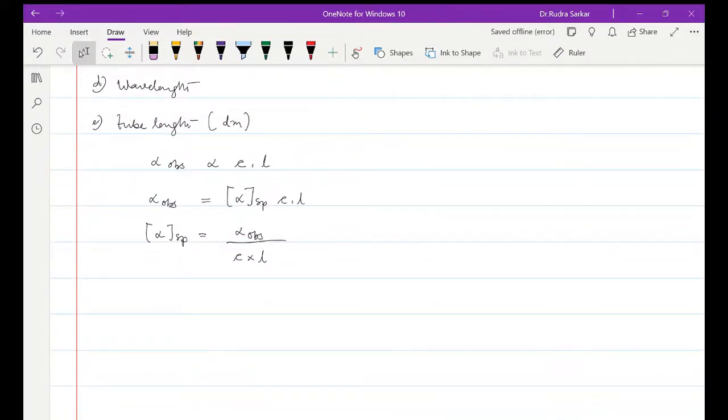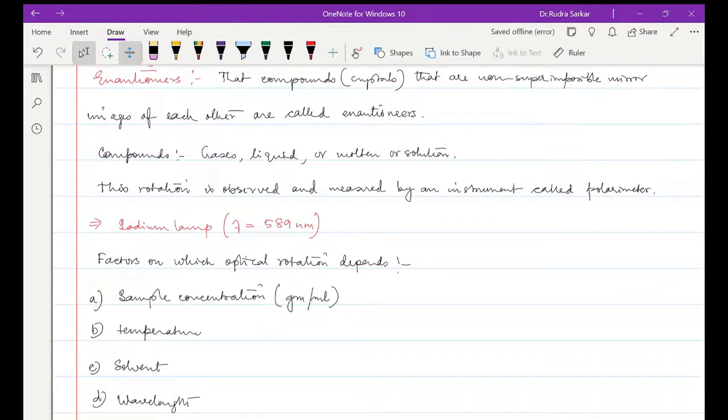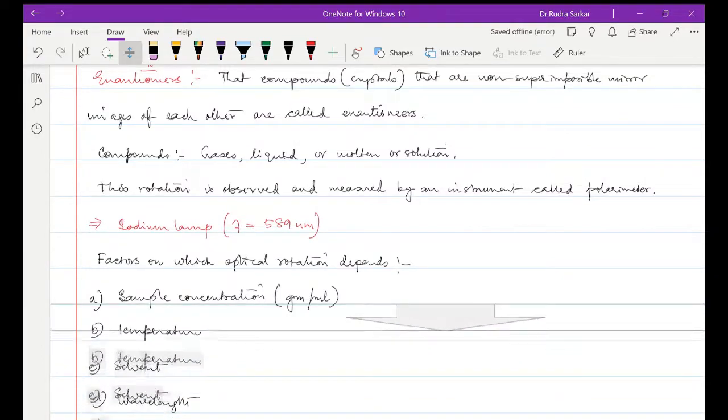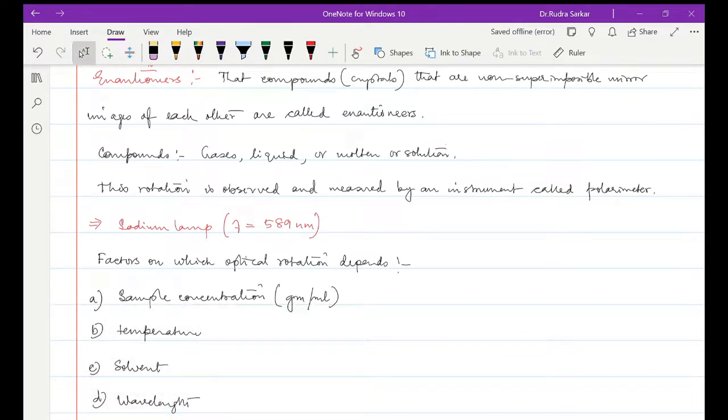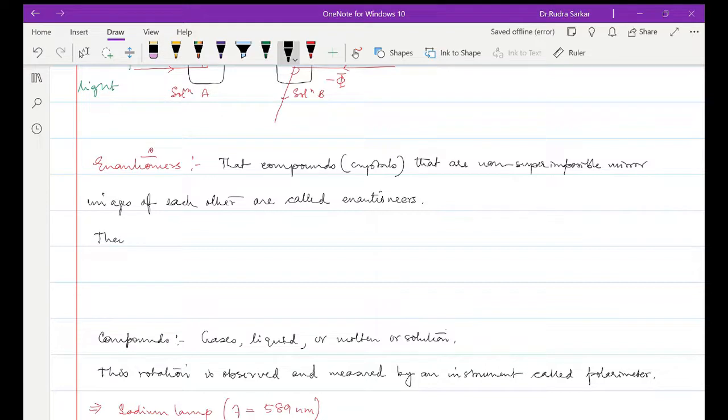Okay, it is worthwhile to mention over here that each enantiomer that we were discussing, these enantiomers, they have the same physical properties. For example, the melting point, boiling point, and solubility.